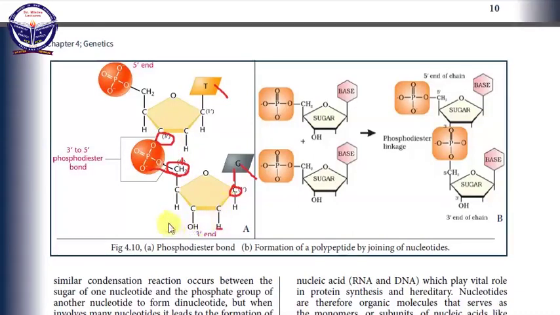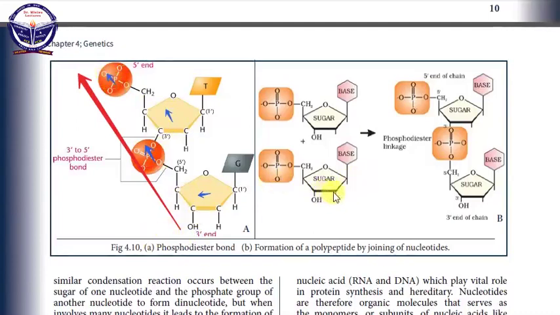So this is the nucleotide backbone, which consists of sugar, phosphate, sugar, phosphate. The nucleotide backbone consists of two things: sugar and then phosphate. That's the way the nucleotide backbone is.